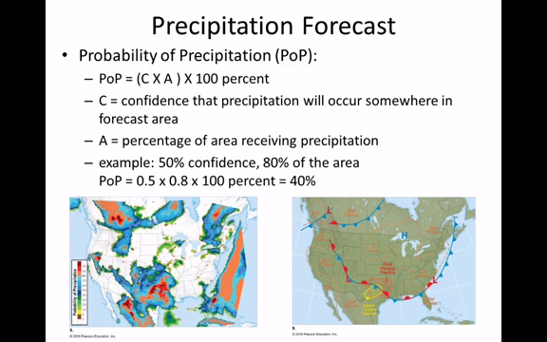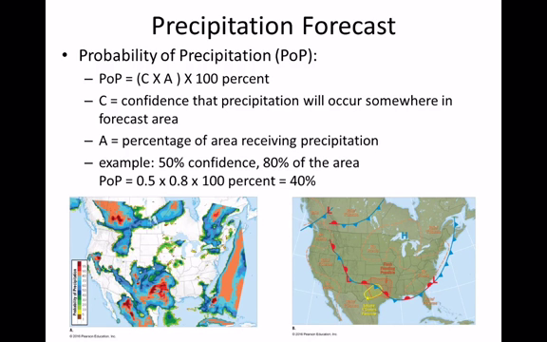30% chance of precipitation. Basically, they have two terms to get that 30%. They have a C term, which is confidence that any precipitation will happen in the forecast region. And then they have an A term, which is how much of that forecast region will receive precipitation.